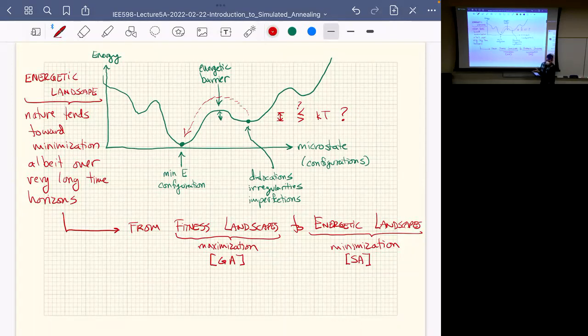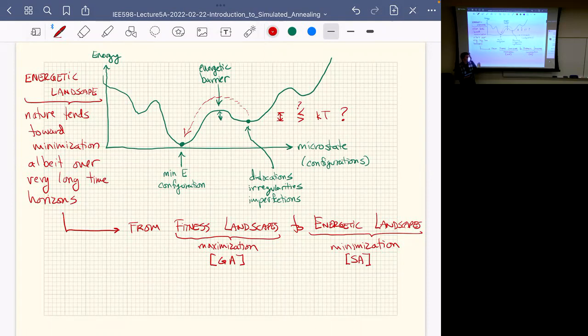If I want to apply a genetic algorithm, it's very common that I need the fitness to be positive, but the point here is that offsets don't matter in terms of optimization. The idea is that our conceptual framework, when we're looking at these things now, is that the system is gradually moving towards a lower level. So it's minimization with simulated annealing, but with genetic algorithms, this is like a fitness landscape where they're trying to crawl to a higher level. So, okay, this is the picture that we have with these physical systems.